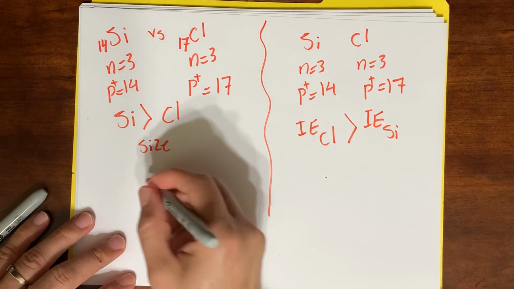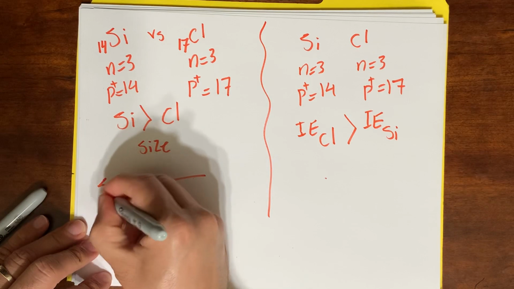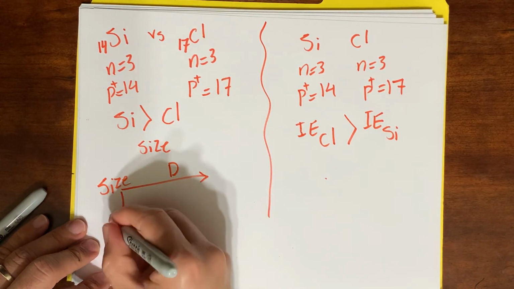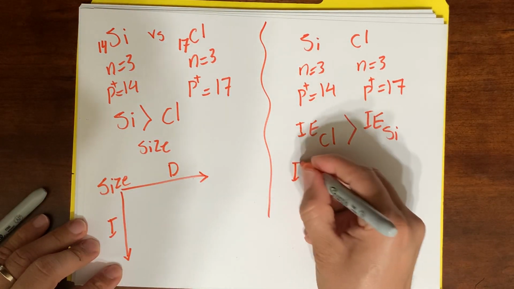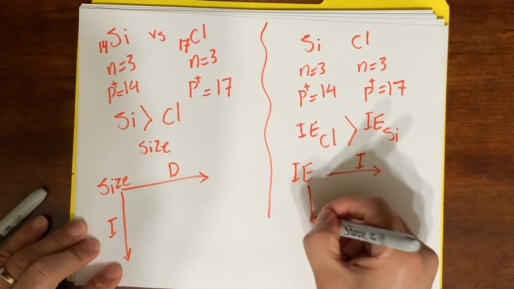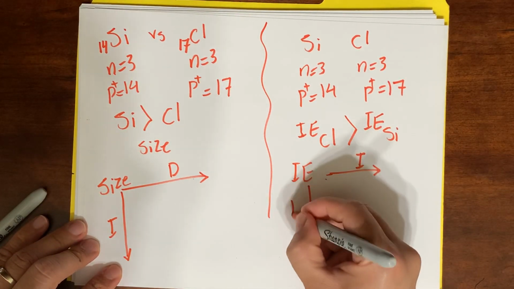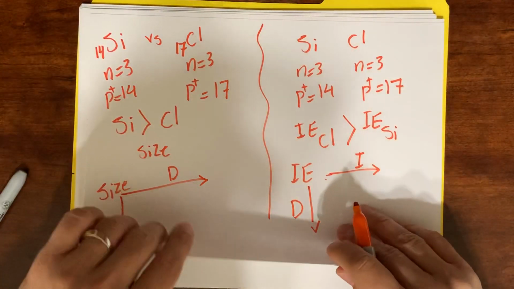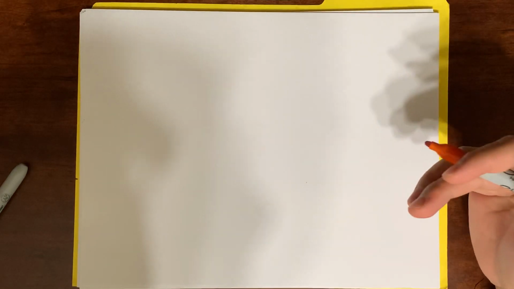So the trend is opposite of size. Size decreases to the right side and increases going down. Ionization energy goes up to the right side, and goes down going down a group.